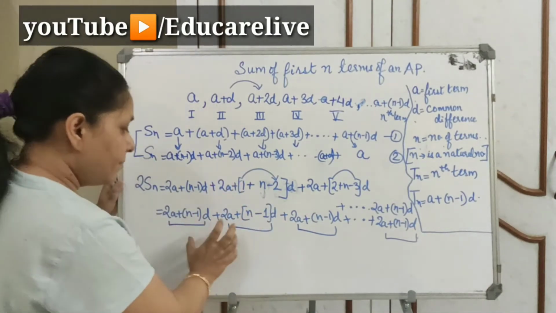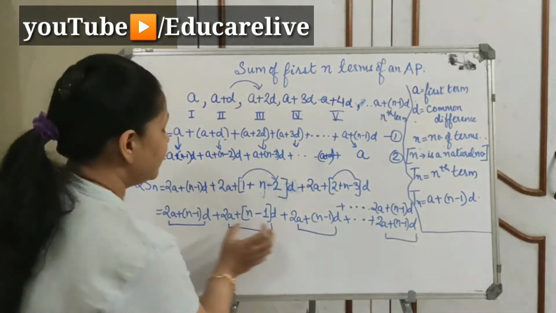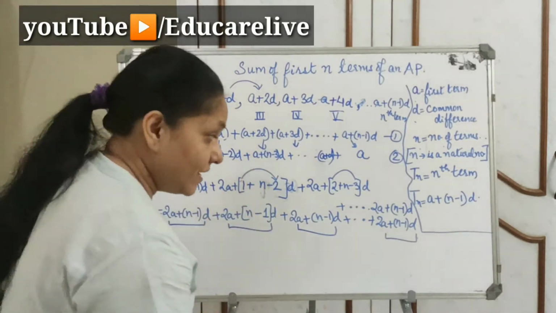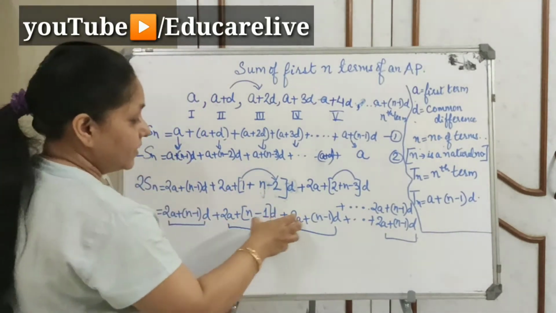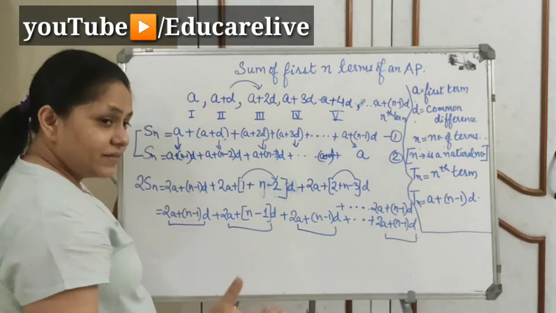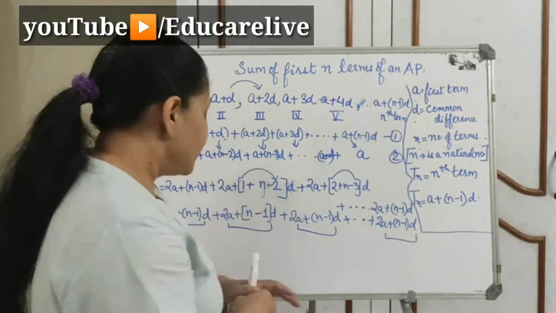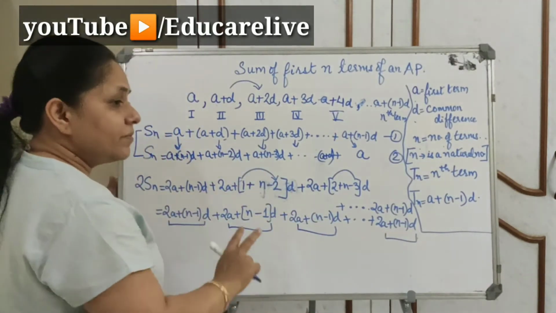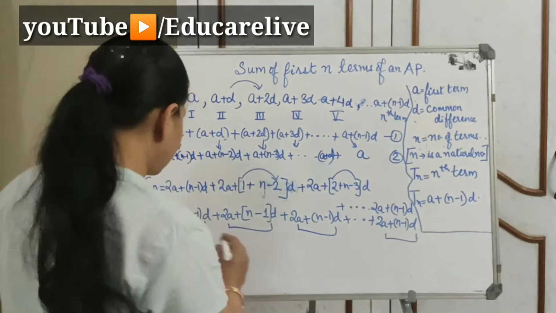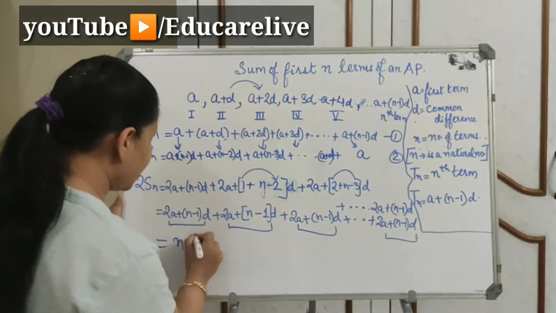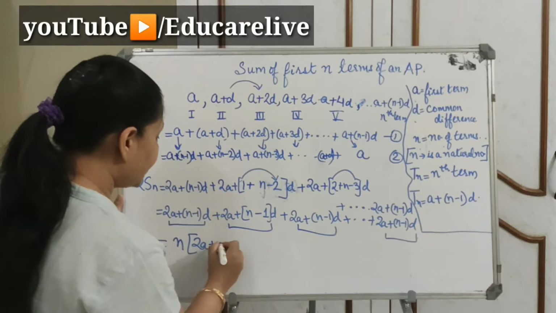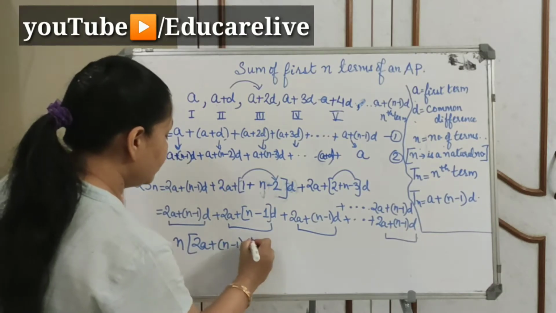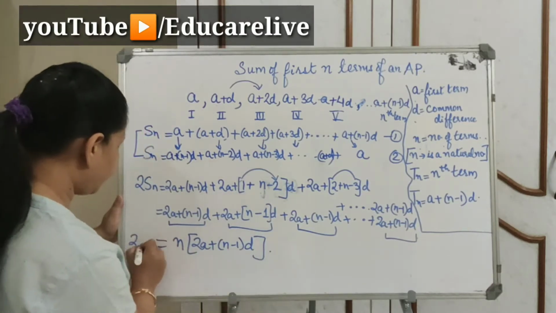So the number of times the same term is appearing is n times. So if we are going to add 2a plus n minus 1d n times, what we are going to get is n times of 2a plus n minus 1 into d.